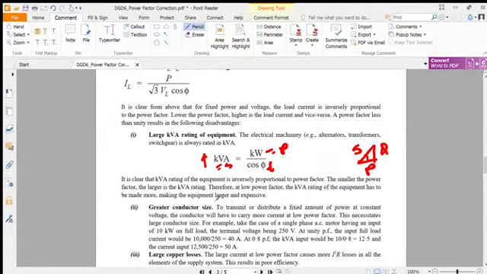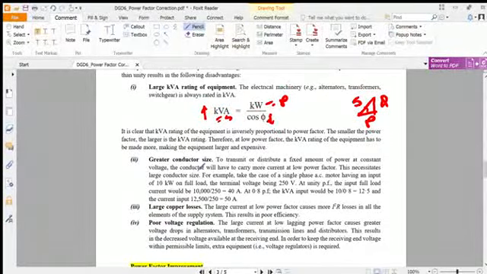Here is another impact, greater conductor size. Let's see how it happens. To transmit the same amount of power at constant voltage, the conductor will have to carry more current at low power factor. For instance, a single-phase AC motor is an inductive load.